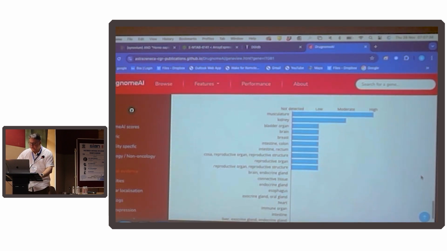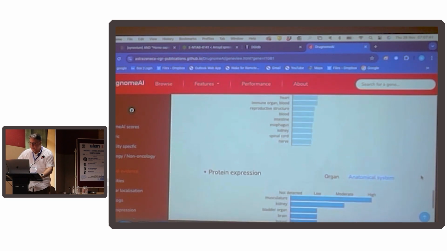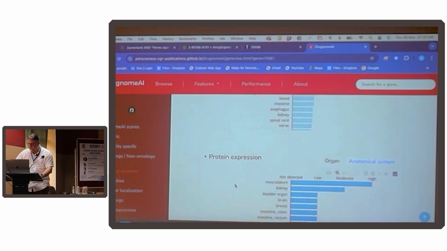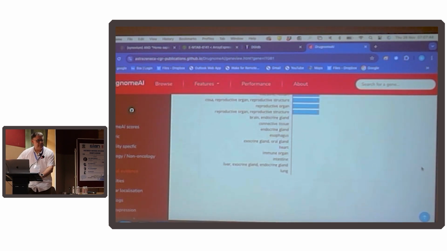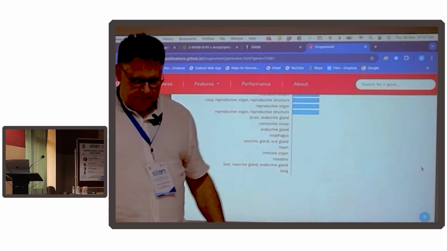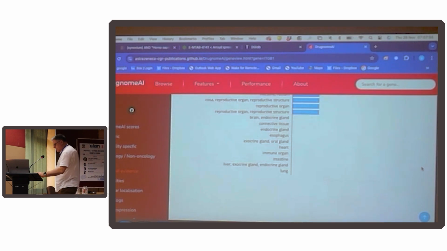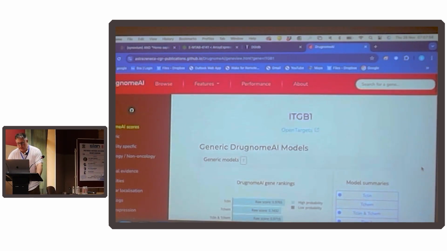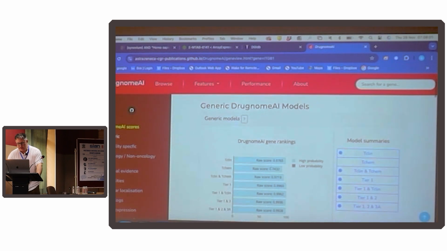And this is the expression of the protein in different parts of the system. Oops. So I don't think DrugnomeAI actually gives that.